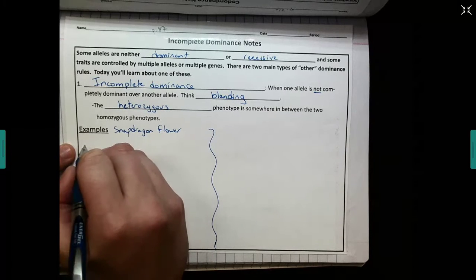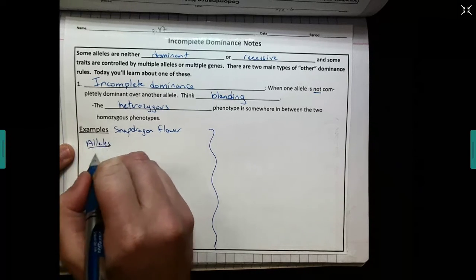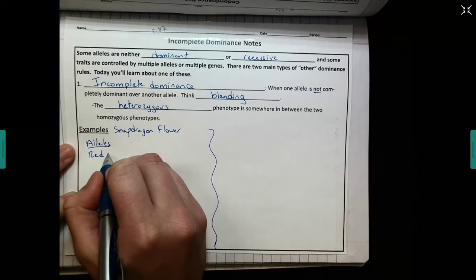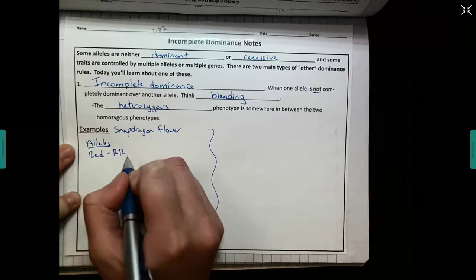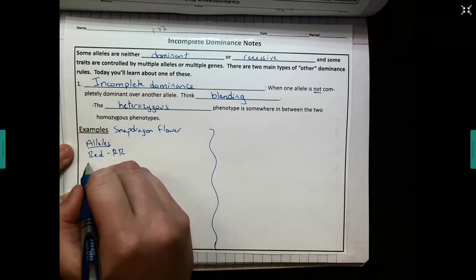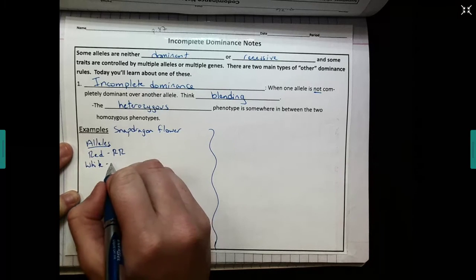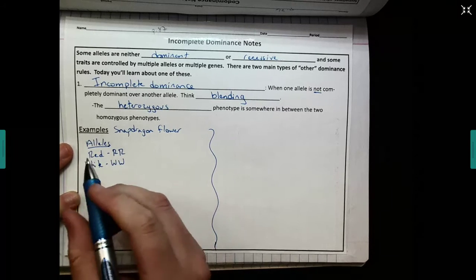So basically, if we think about our alleles, red flower color is dominant, so I would have two big R's. White petal color is recessive, so I would have two W's.